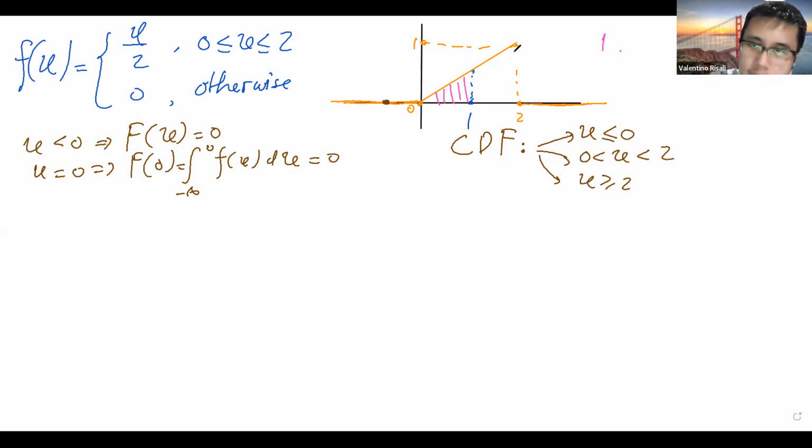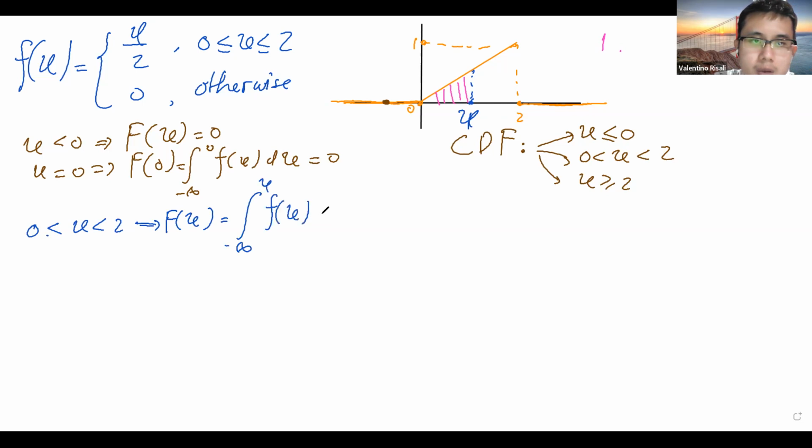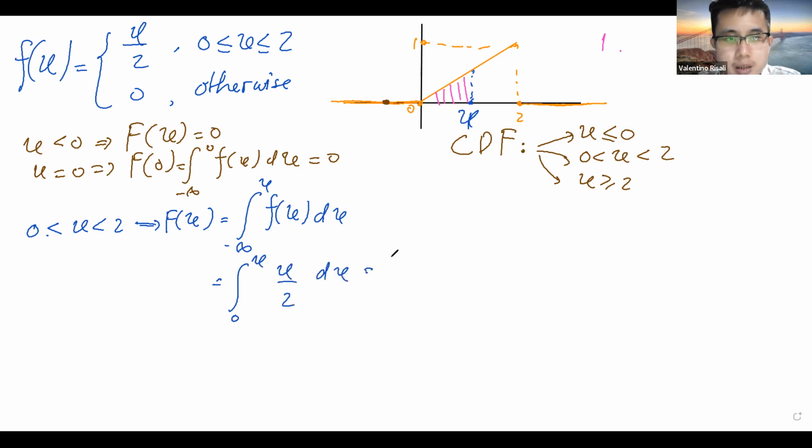After that, for the second interval, for example, x is here. This integral represents the area of this triangle. So it is equal to the integral from 0 to x of t over 2 dt.